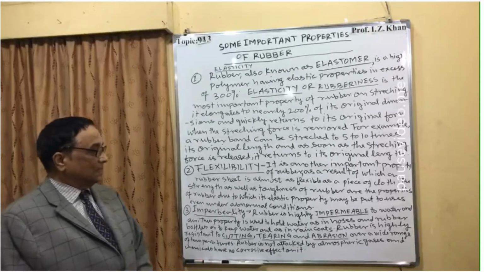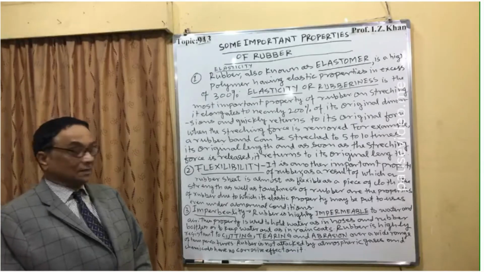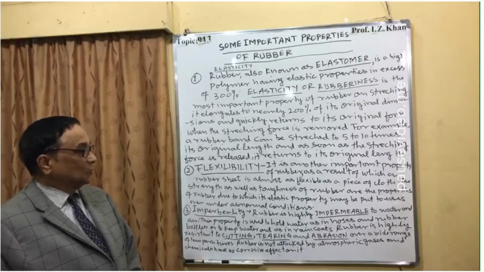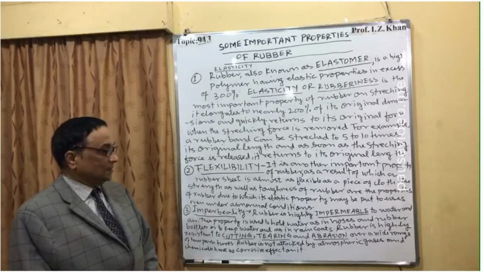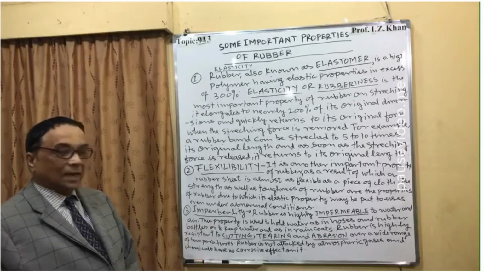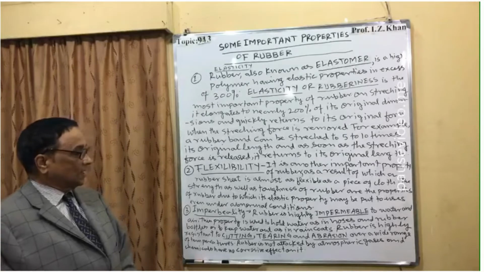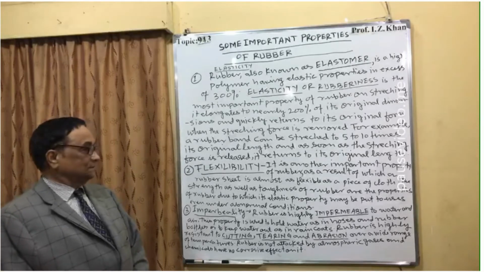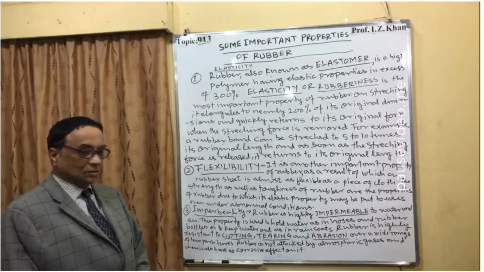Rubber is highly impermeable, meaning it will not allow water or air to enter. This property is used to hold water, as in hoses and rubber bottles, or to keep water out, as in raincoats. Rubber is highly resistant to cutting.